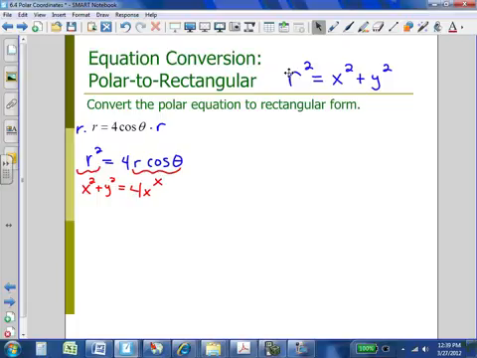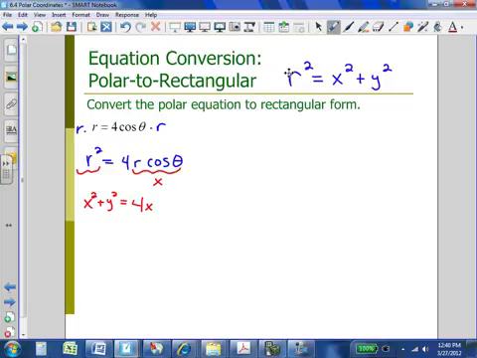Okay, so we replace the r squared with x squared plus y squared, and the r cosine theta with x. So now we have this equation, and we're almost there. We can make it look a little different if we want it to equal 0.